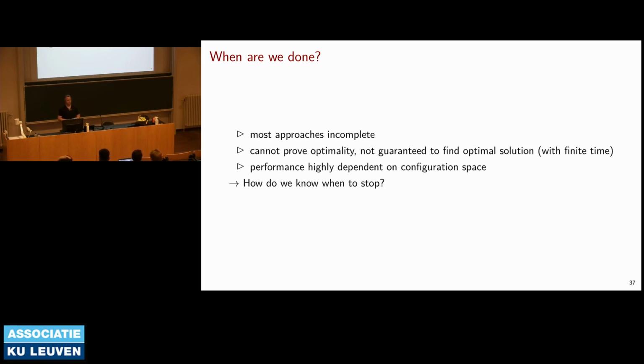I will never know that this is the absolute best I can do, and I cannot possibly do any better, except in special cases. So there are no guarantees of optimality. Maybe the optimal solution is the first thing that I find, but I will not be able to prove that it is the optimal solution. And it will make my configurator look bad because it looks like I'm not improving.